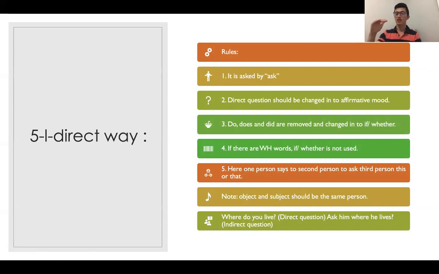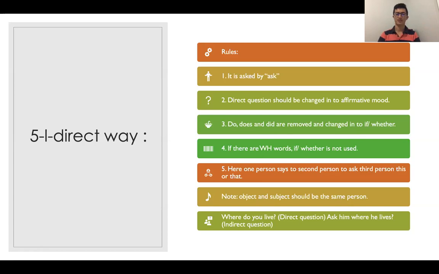It should be in positive or affirmative formula. Number three, do, does, and did are removed. If we have do, does, did for asking a question in our sentence, we are not going to use them in an indirect question. They should be removed and changed into if or whether. If or whether are used instead of do, does, and did.